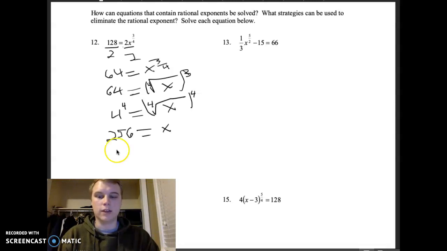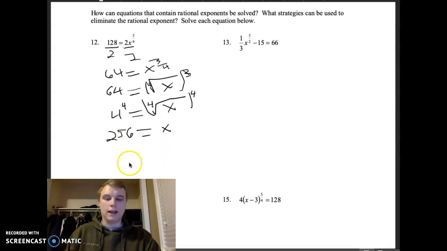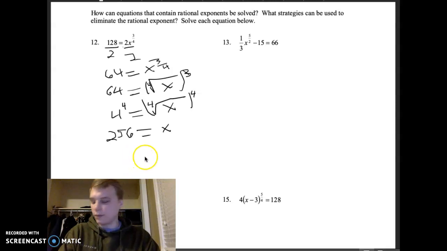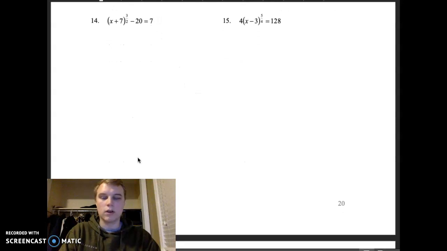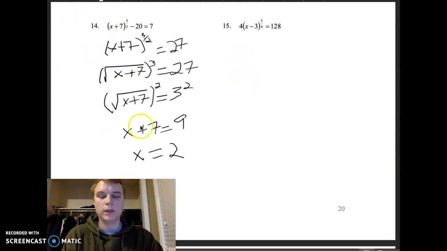But you should be getting 256 for your final answer. Okay? And just like on the last page, I'm going to have you do 14 on your own. So go ahead and pause the video, and when you come back, I'll have your answer for you. All right, go ahead. Okay, so you should be getting that x equals 2.